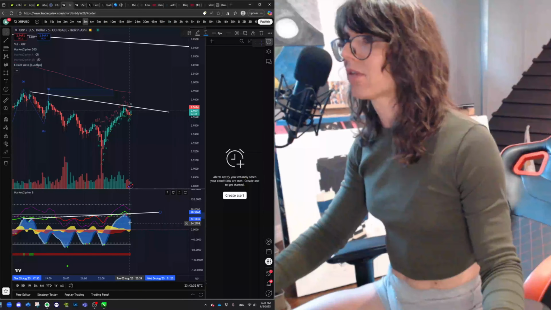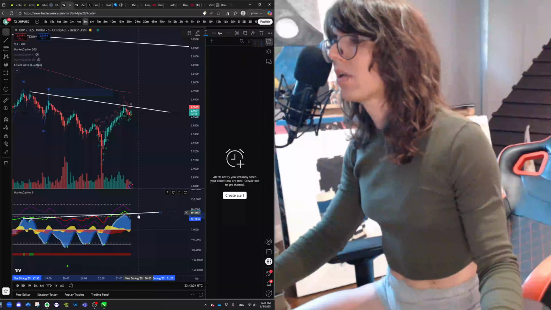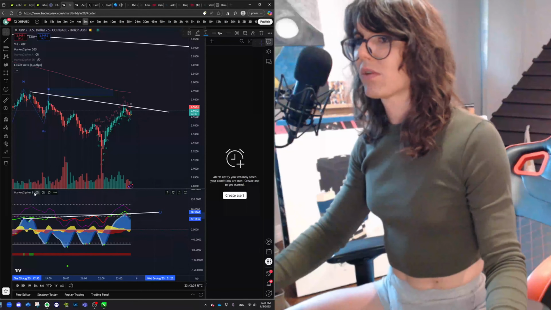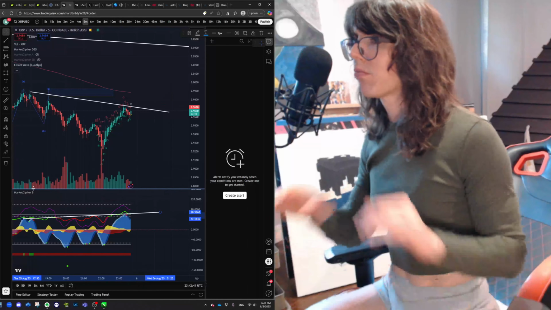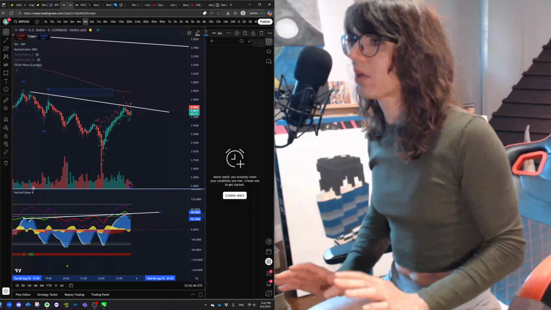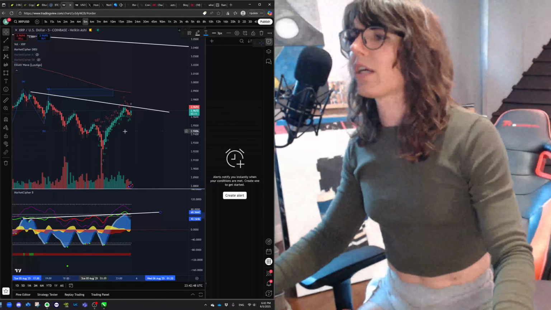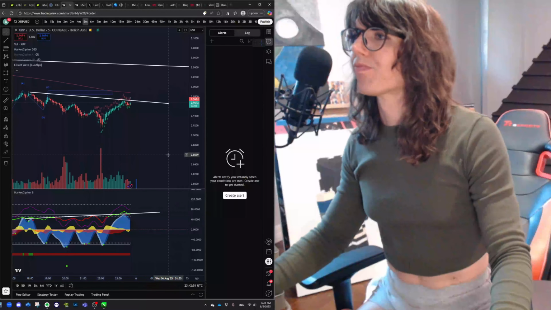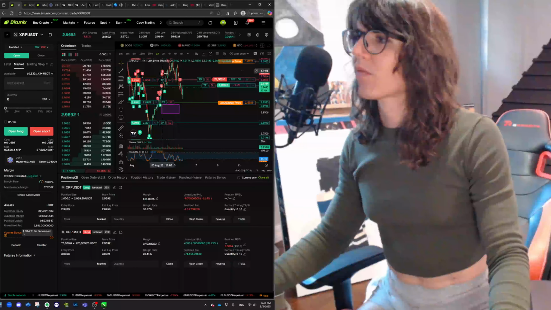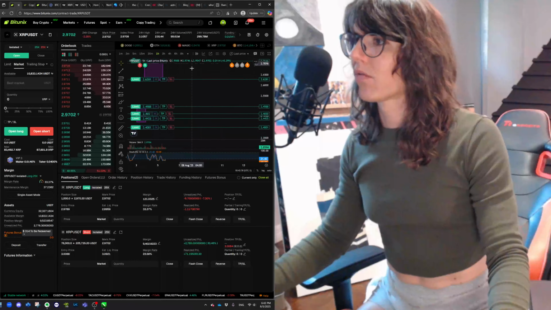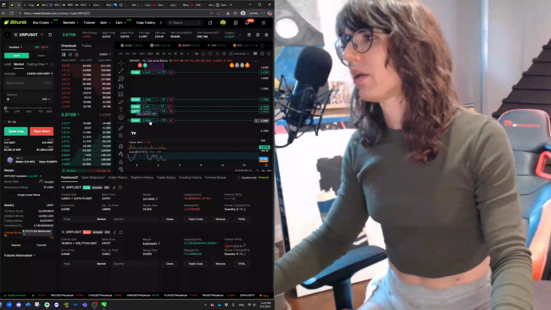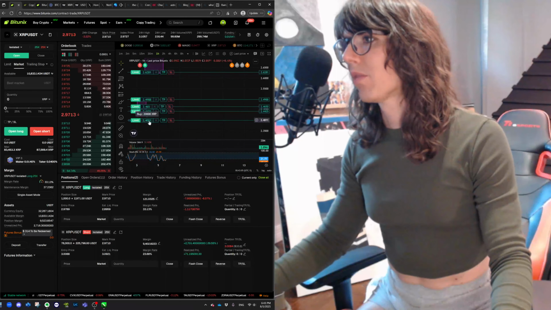I'm hopeful that there's some downward movement, and the resistance is pushing downwards to keep the price moving down. So that way, that entry point at 250, 249 to 240 is really appealing.